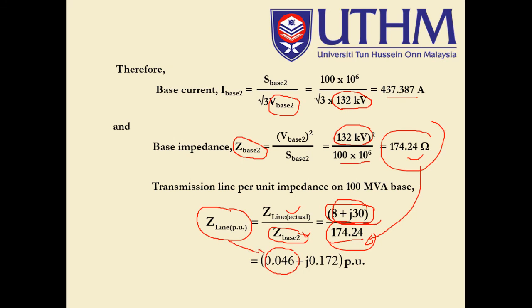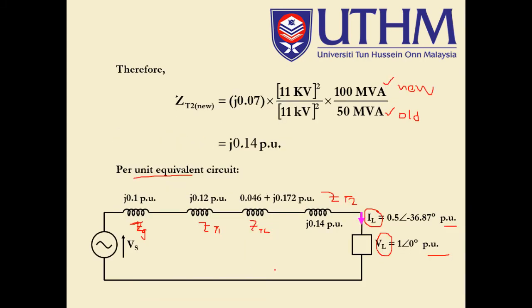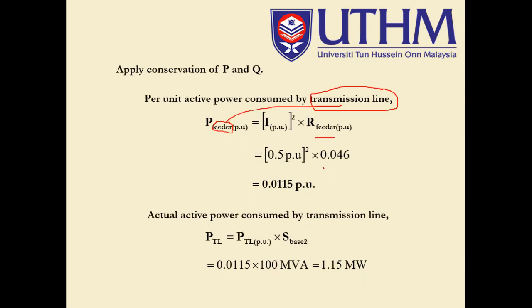Into here, you see this is the magnitude of I load PU, just the magnitude value. So the power consumed by the feeder is equal to 0.0115 PU.